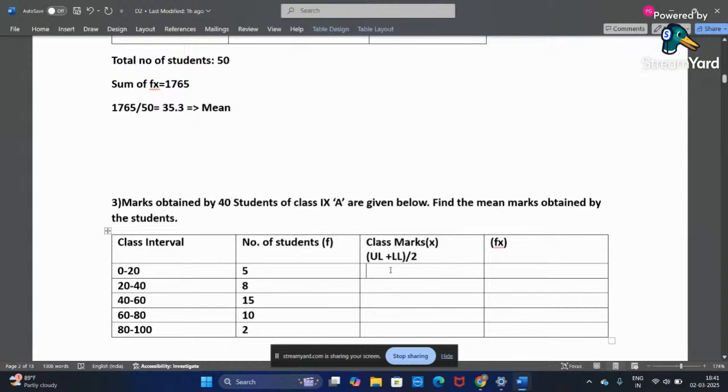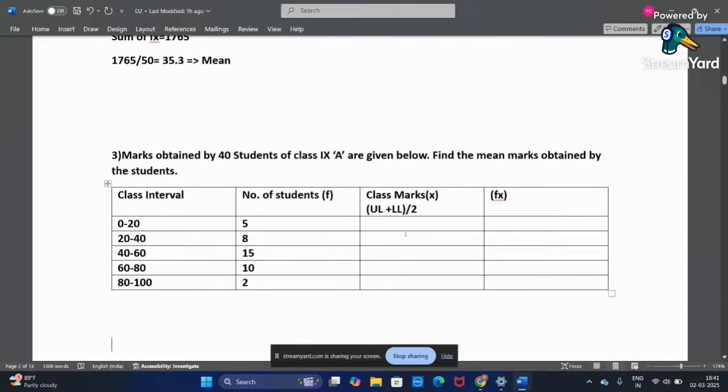So we have to find the class mark for each. Here UL is the upper limit, LL means lower limit, divided by 2. What is your upper limit in this row? 20 is the upper limit, 0 is the lower limit.